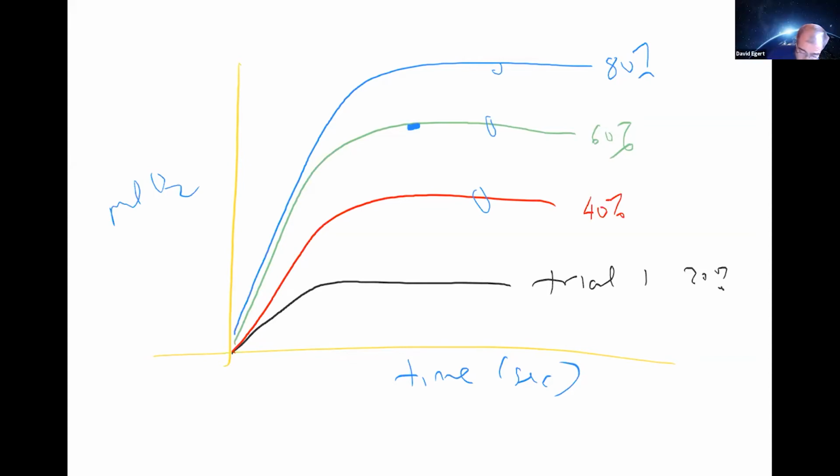If this is a straight line, the reaction is stopped. Time is continuing on, but the amount of oxygen is not changing at all. The reaction's over. You've broken down all the substrate. There's no more hydrogen peroxide to break down. You could wait until the cows come home and it's just going to be a straight line because there's no more substrate, so no more reaction to happen.